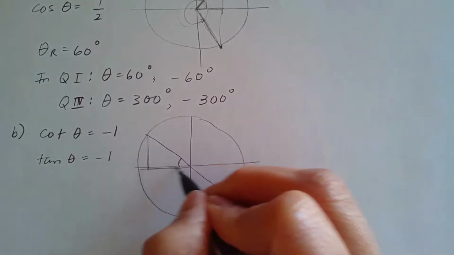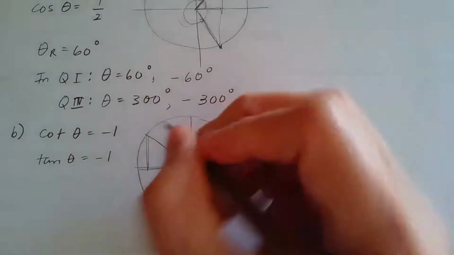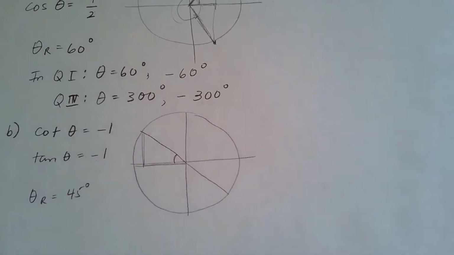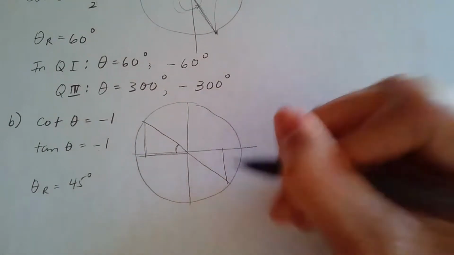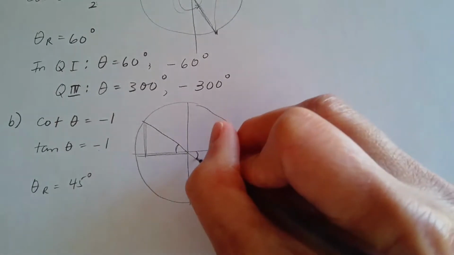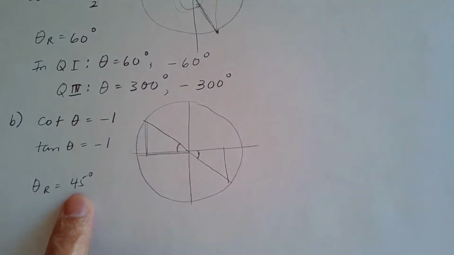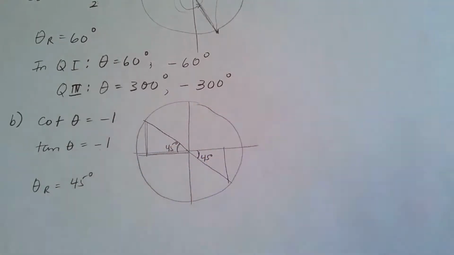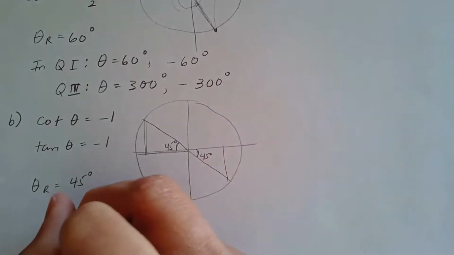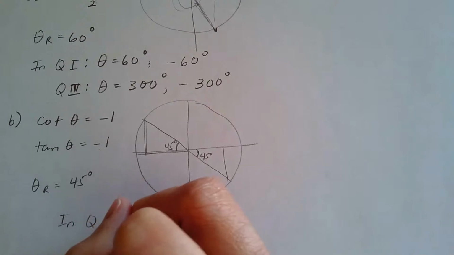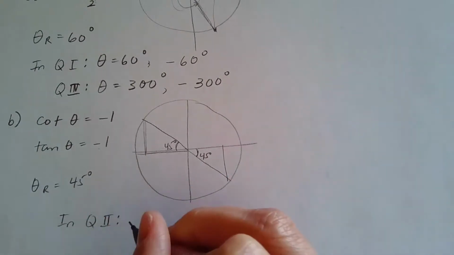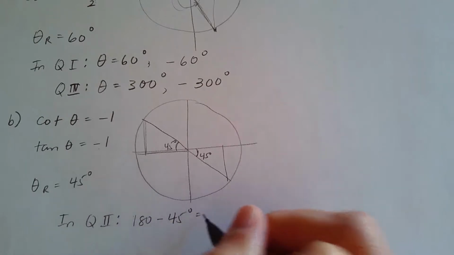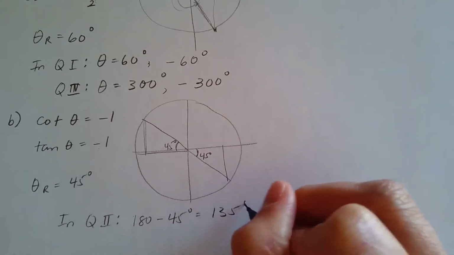So the reference angle for theta is 45 degrees. So that's going to be 45 in here, 45 there. In quadrant 2, it's going to be 180 minus 45 degrees, which is 135 degrees.